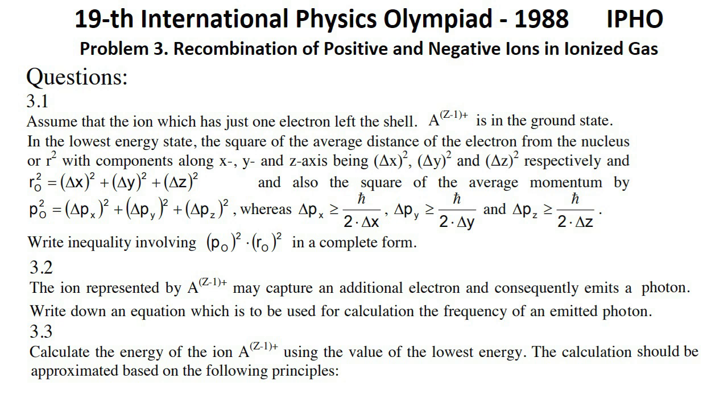Question 1. Assume that the ion which has just one electron left in the shell, A^(Z-1)+, is in the ground state.